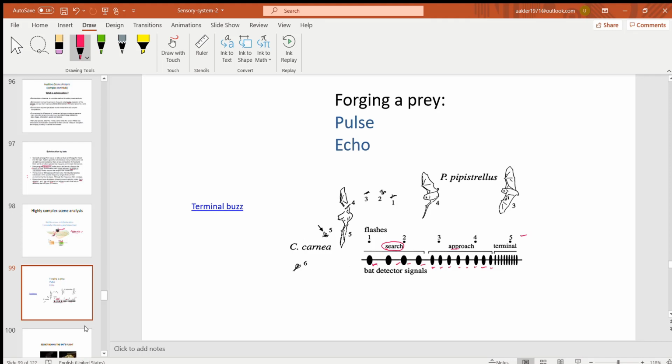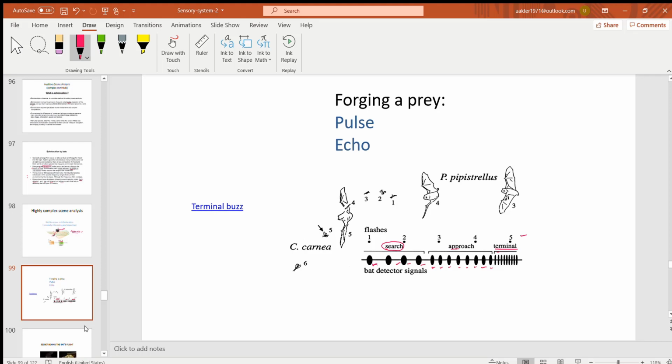The last phase is called the terminal phase. Here you see the bat is very close to the object, so it needs more precise information. Initially it just needed to determine the location and move towards it. However, as it gets very close, it needs more specific information like shape, size, exact velocity, all that information, texture.